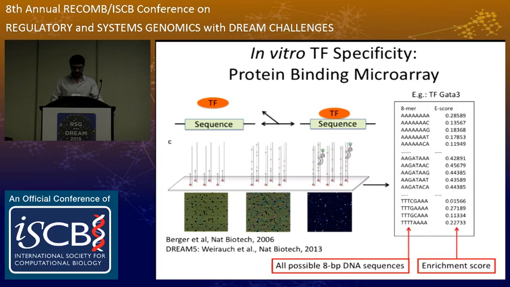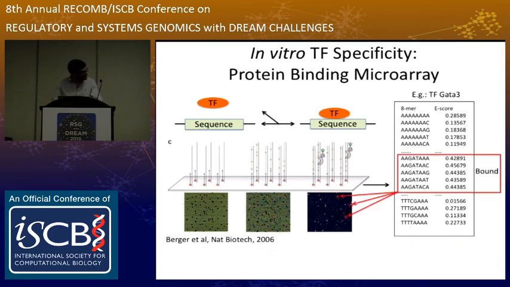If the design is properly done, we can score all the possible 8-mers in the 8-mer space through an enrichment score, and so arrive at the most recognized 8-mer sequence for each transcription factor. On the right you see that the score we typically use goes up to 0.5.